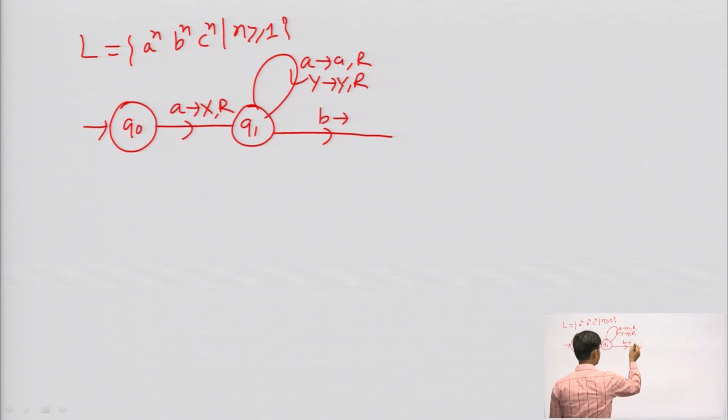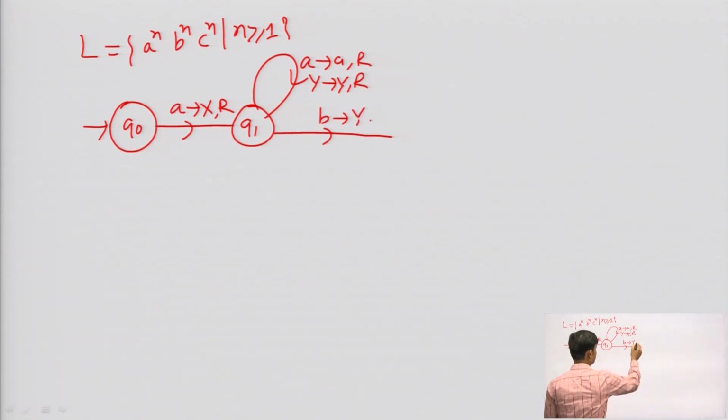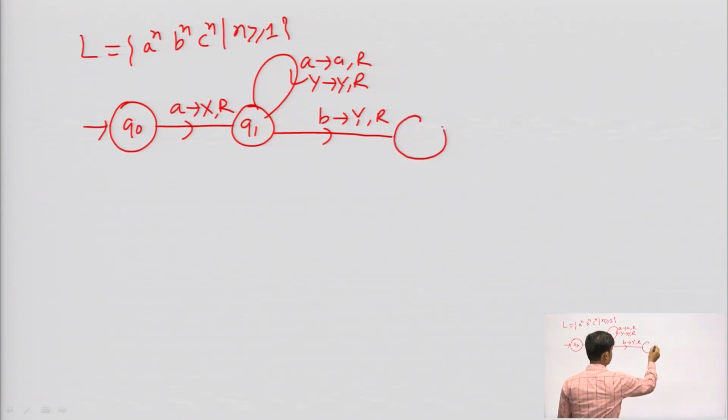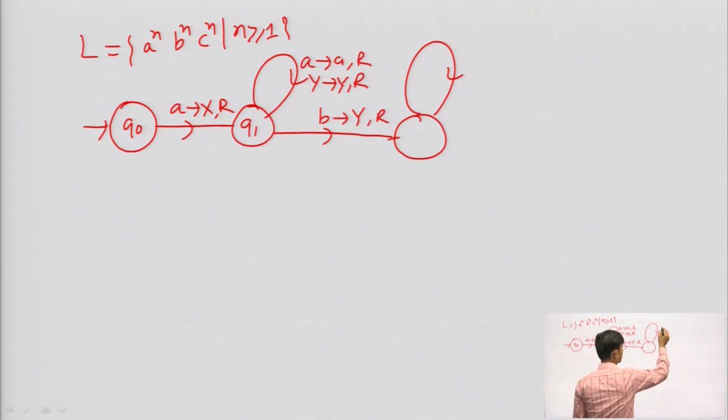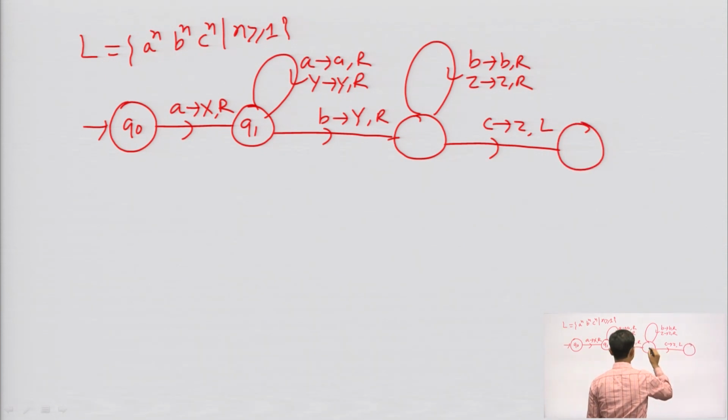This is y, this is y R. Then after this you have to find b, b R and z, z R, then c, c replaced by z and move left. Suppose this is q2 and this is q3.